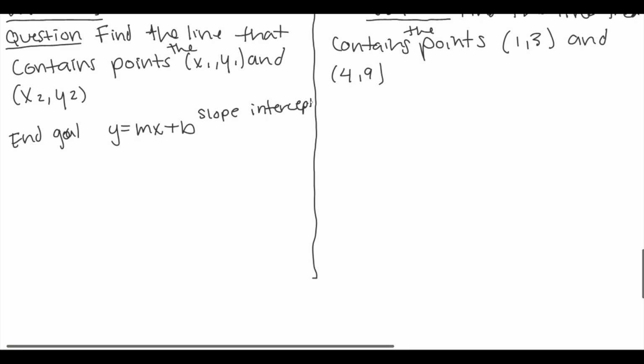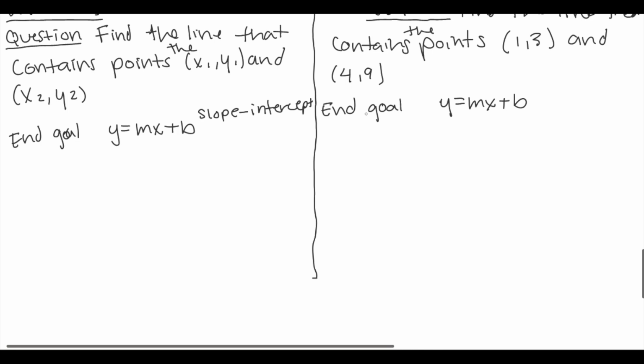If we learn this one, it'll be easier to translate into the other forms. It'd be really easy to put this into standard form, or, once we have this kind of thinking, we can do point-slope. So again, we have an end goal of y equals mx plus b.